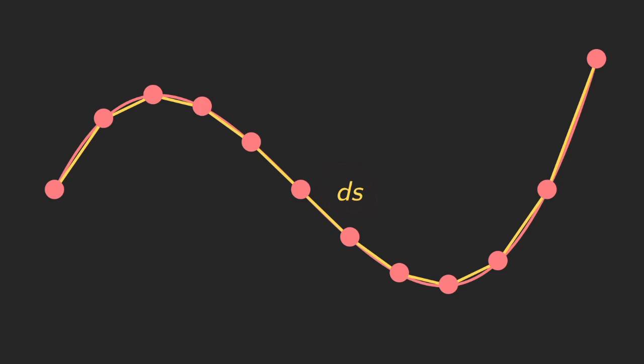Anyway, we use the symbol ds, or the differential ds, to indicate that this changes. Now you can imagine that the change is infinitesimal, or the difference is negligible.